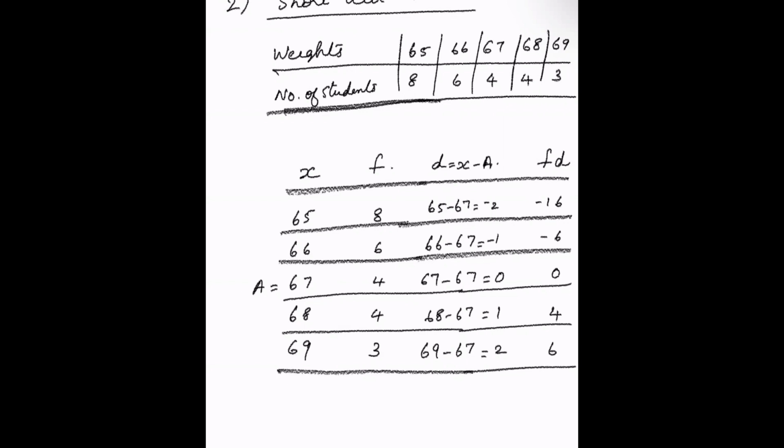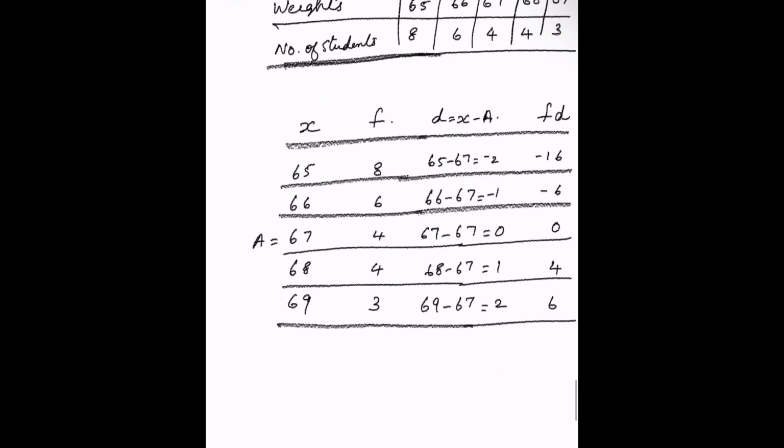What you did is, you just assumed a mean. That's all. From the assumed mean, each of the observations had the assumed mean subtracted. That also you did. Now multiply F and D. Then here also you need to calculate sigma F, and sigma FD, that also you need to calculate.